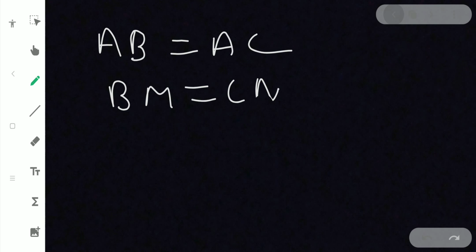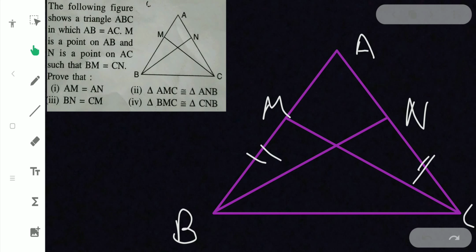In the question, let us see what AB is. This whole AB line is nothing but AM plus BM. I hope I am right. When we add BM, this length, and A to M, I will get this whole AB length.